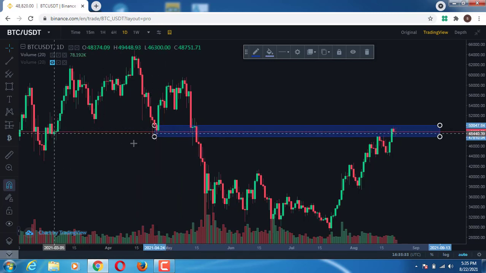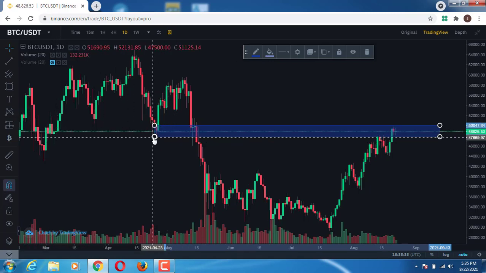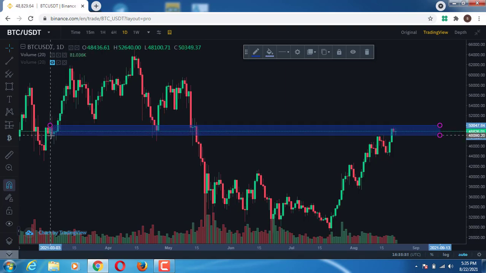And if we move this to this very area, we see this was support on supports. I talked about this in my last video last week, and from here we see the market drop right down.